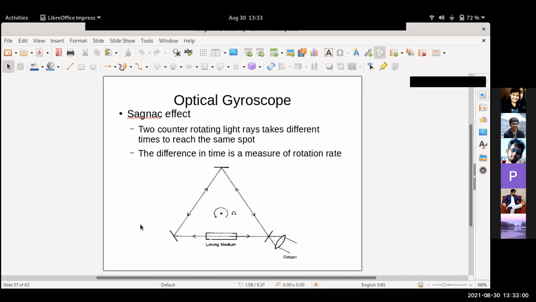No, that is not the situation here. Here, what is happening is the behavior of the light is different. That is what you have to imagine now.